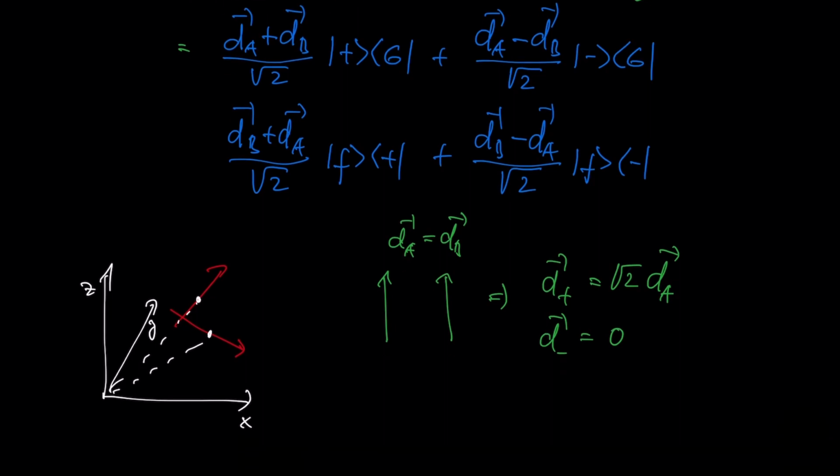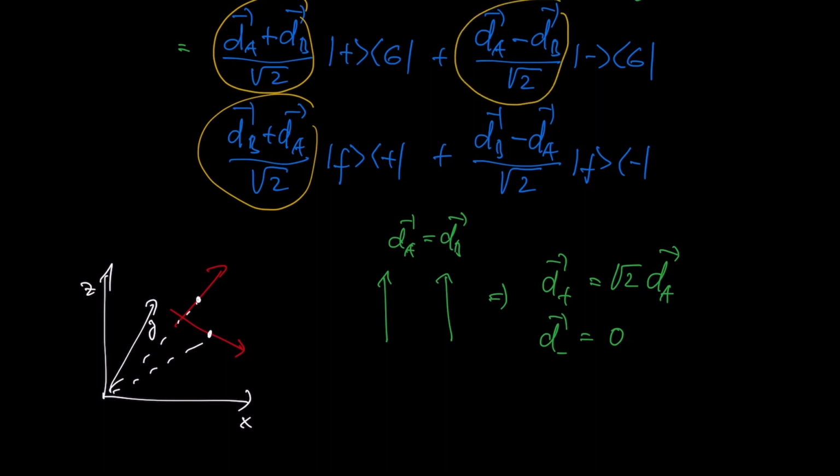For most of the situations, we, however, can basically only observe that the transitions from G to plus and the transition from plus to F have the same transition dipole moment, and the transition from G to minus and the transition from minus to F are basically also the same. There's a minus sign here, which is not very important.